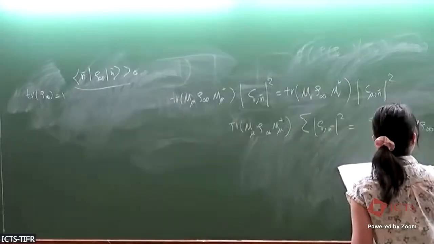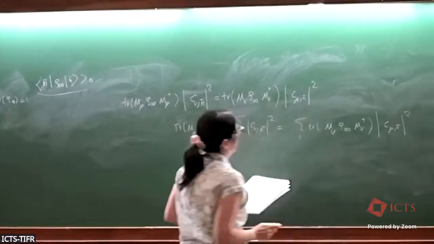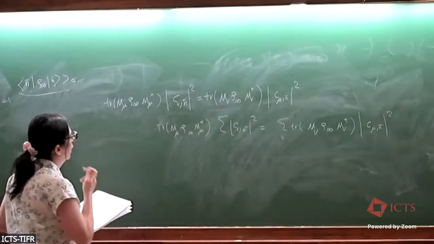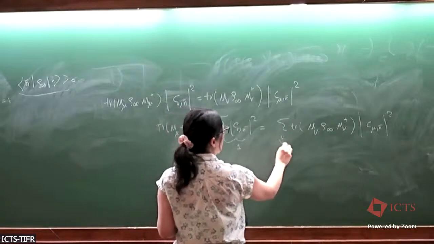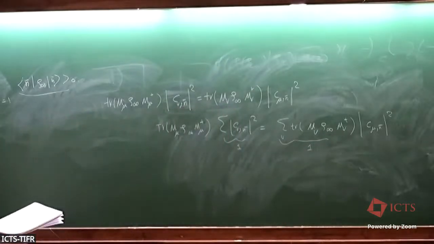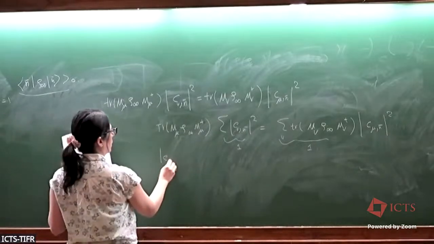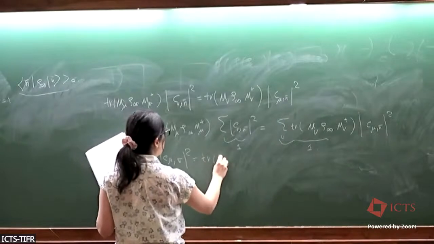And then you get, so this is 1, and this is also 1. Okay, so you get C mu m bar square is equal to trace of mu.